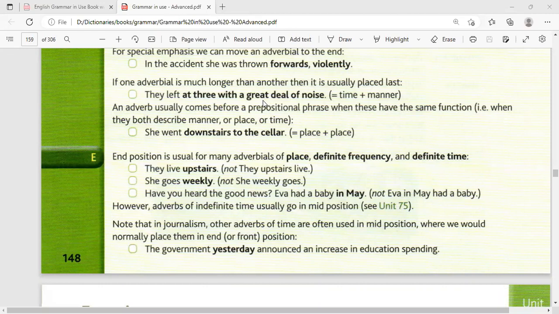The adverbs we have, two. How many? Could you say it again? Two. The first one is at 3, and the second one is with a great deal of noise.